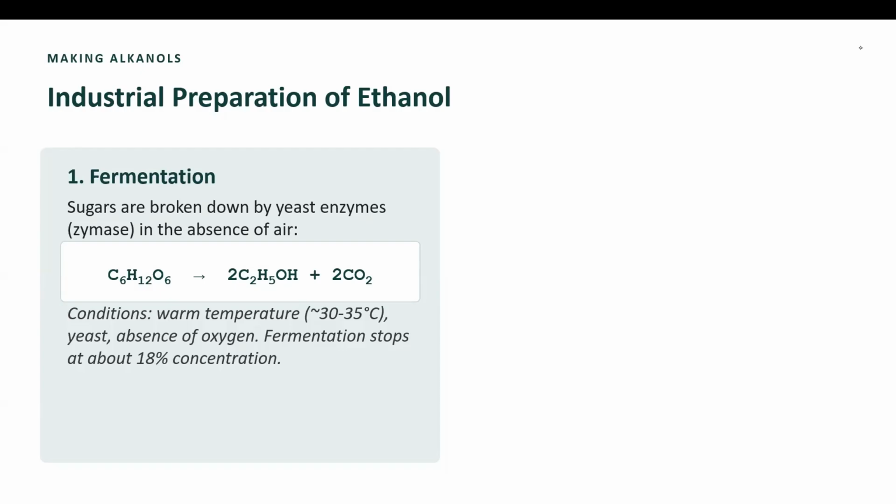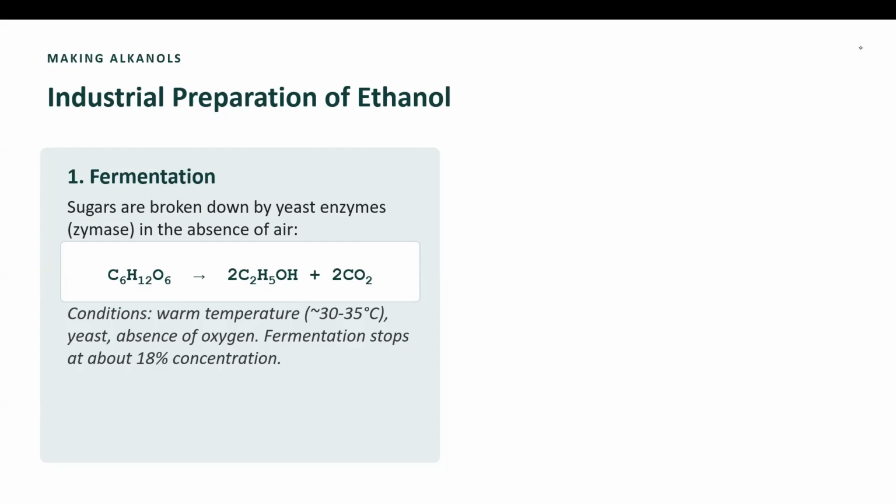Now listen to this. How then can we get dry gin? Dry gin is up to 35-45% ethanol. How do we get dry gin from the fermentation process if the fermentation stops at 18% ethanol? Can somebody tell me? Open your mic and speak if you have an idea.